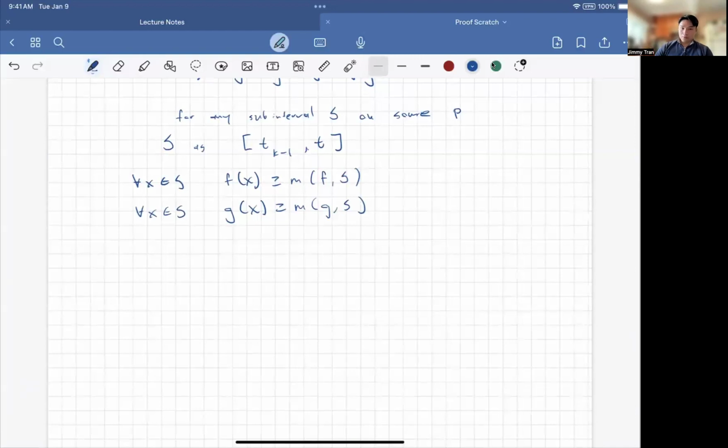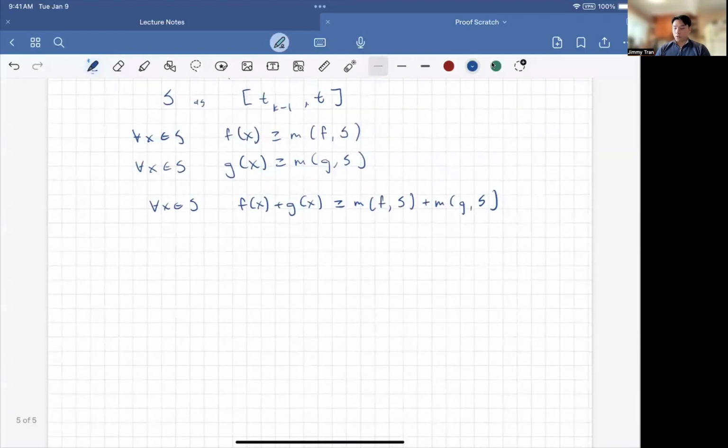And so what we get is that for all x in subinterval S, f of x plus g of x is greater than or equal to the sum of the infimum of f over S plus the infimum of g over S. And because we're talking about the sum of f of x and g of x, this is true for all values of x in S as well.